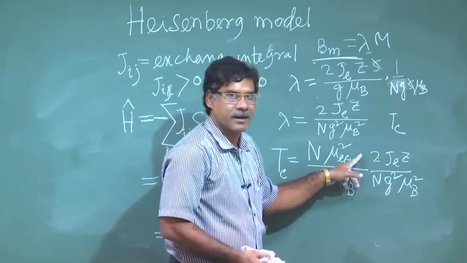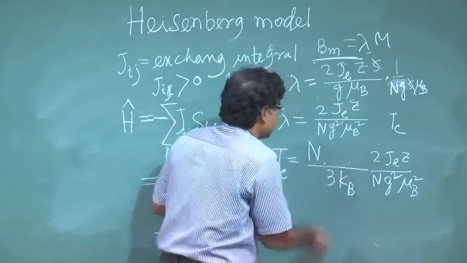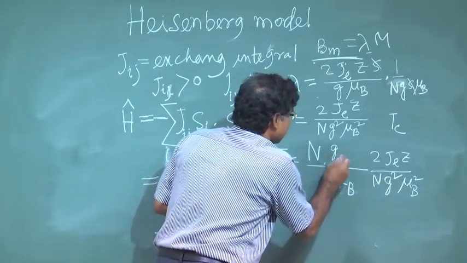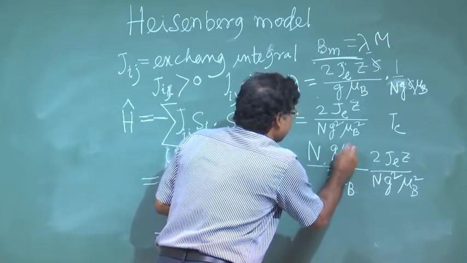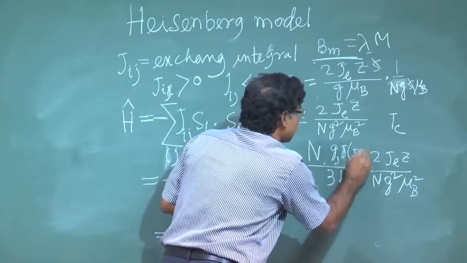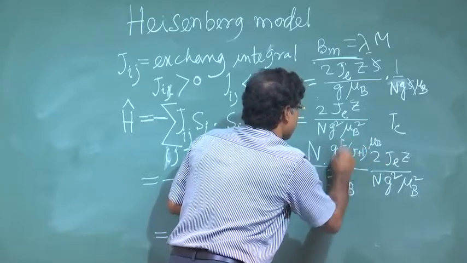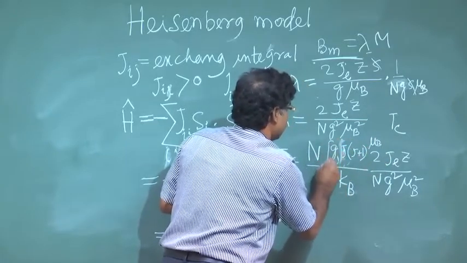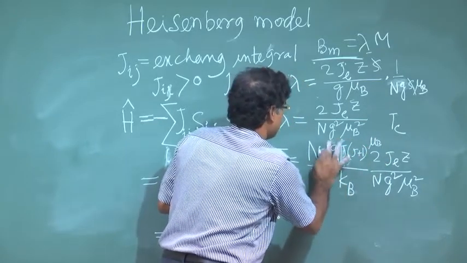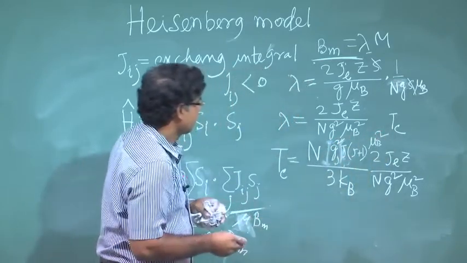mu B square, right. So, basically here this mu effective was J, J plus 1, mu B, sorry, I think this was square, right. Yes.